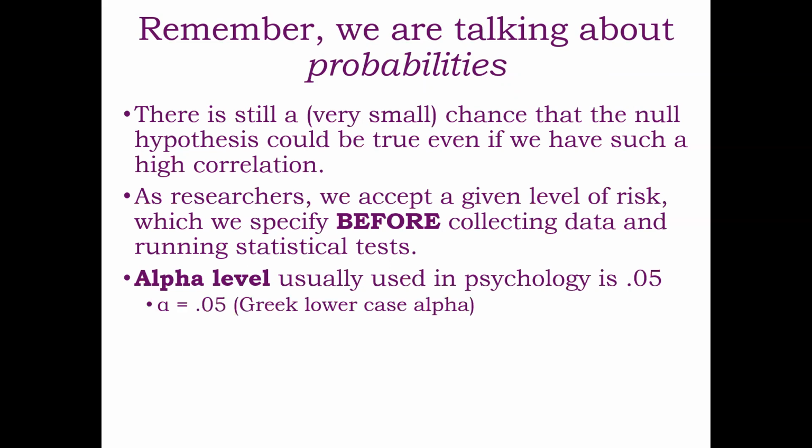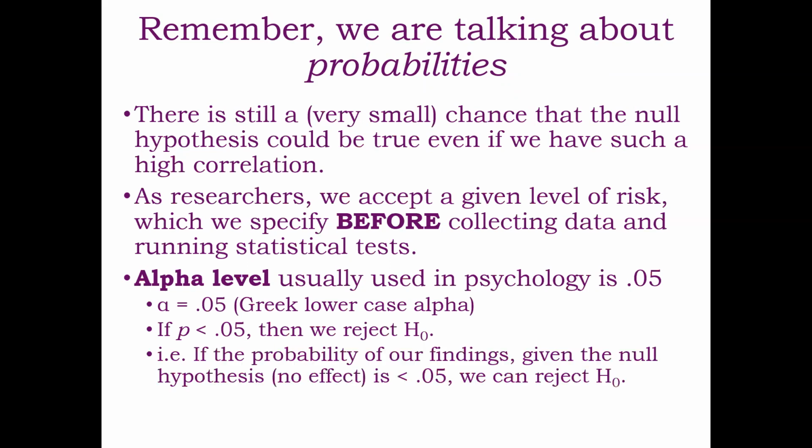We denote this alpha, a Greek lowercase alpha, equals 0.05. Our decision rule will be: if p less than 0.05, then we reject the null hypothesis. In other words, if the probability of our findings given the null hypothesis of no effect is less than 0.05, we can reject the null.